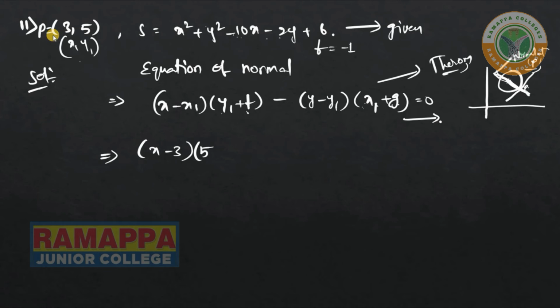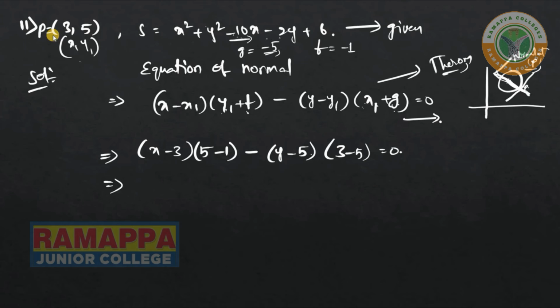Then minus of y minus y1, y minus 5, into x1 is 3, plus g. Here 2g is minus 10, so g is equal to minus 5 will come here, minus 5 is equal to 0.